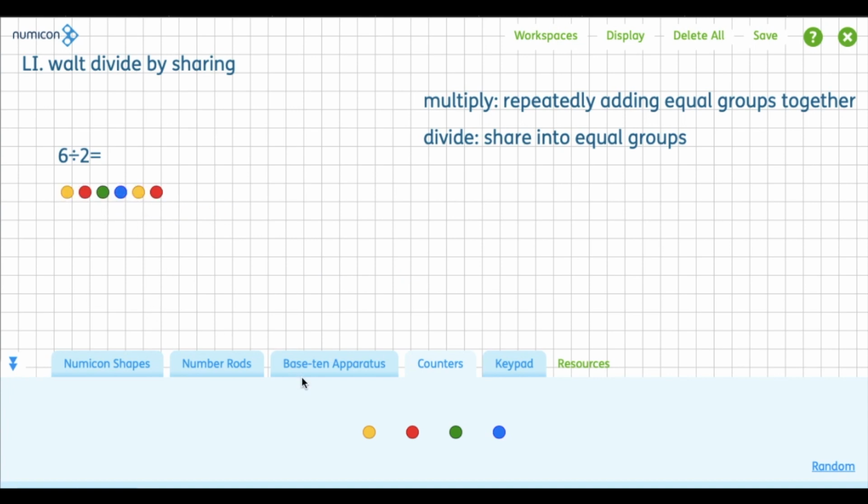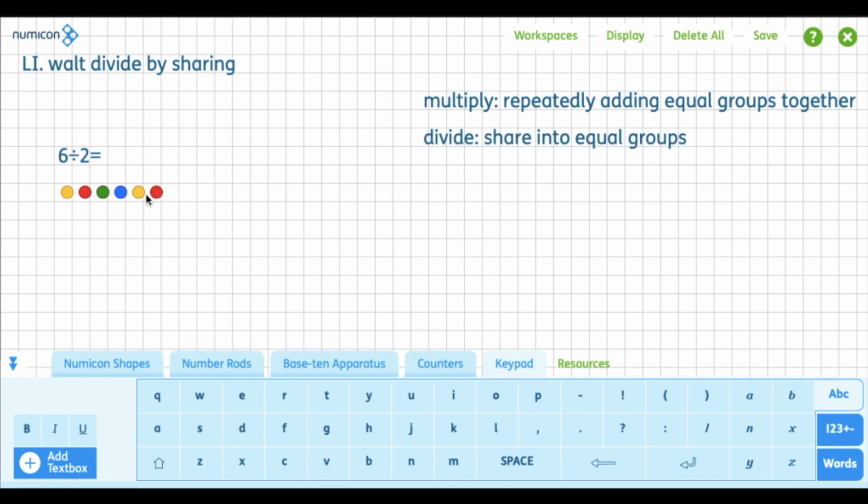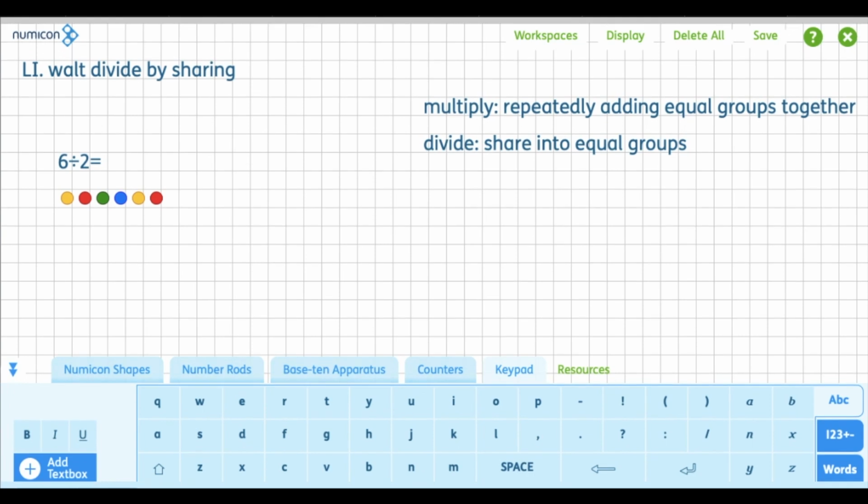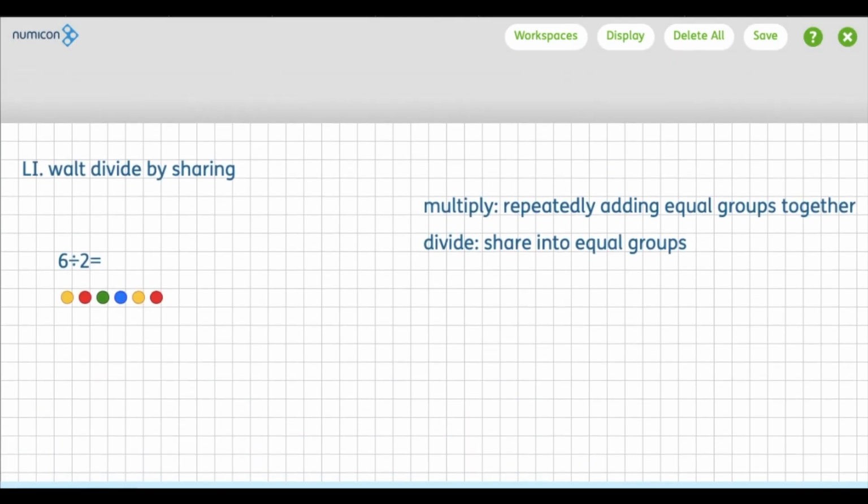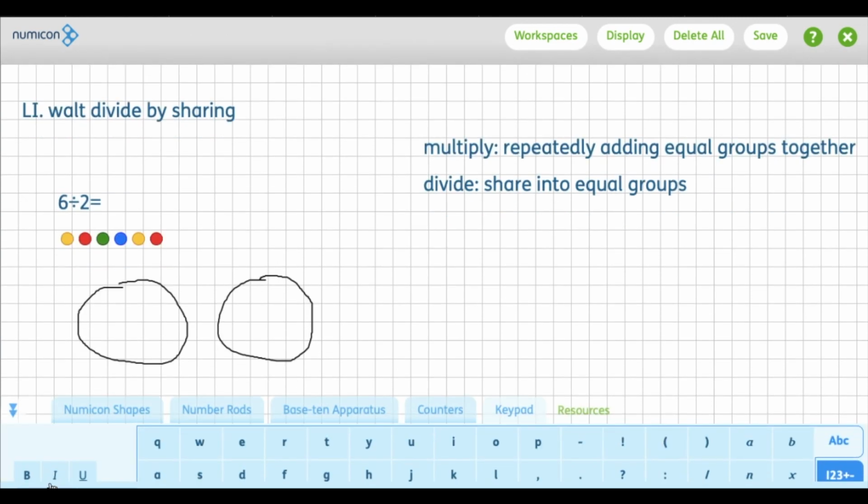I want to share them equally into 2 groups. So I'm going to draw myself 2 little circles. 1 circle here, 1 circle here. Okay, so I'm just going to share these equally.